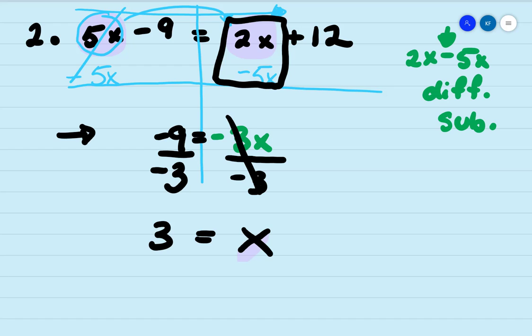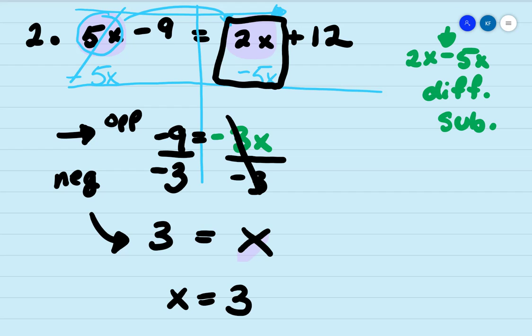This is the opposite of a negative, is +3. And I'm just going to flip this around again. Okay, make sure you pause the video and you understand what you're doing.